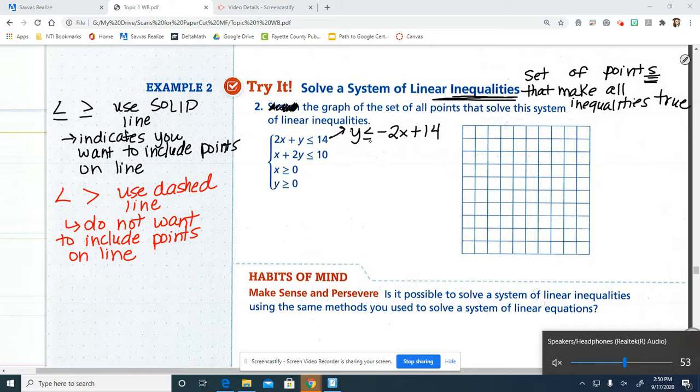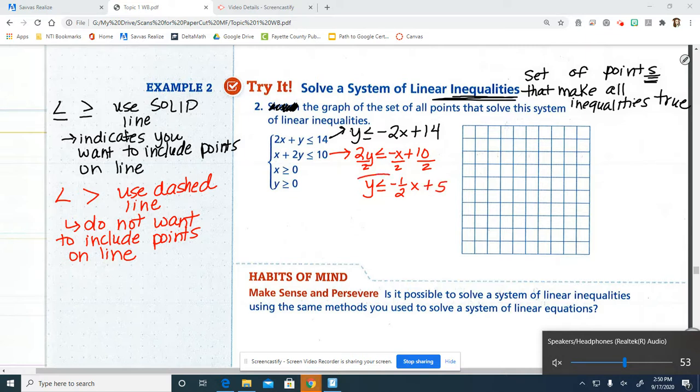All right. Now I'm going to rearrange my second inequality. I'll subtract x on both sides and get 2y is less than or equal to negative x plus 10. Then I will divide every single thing by 2, and I'll have y is less than or equal to negative 1/2 x plus 5.